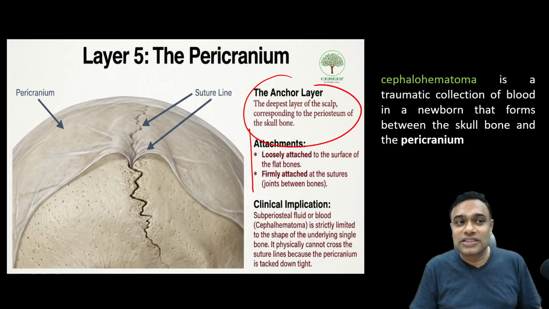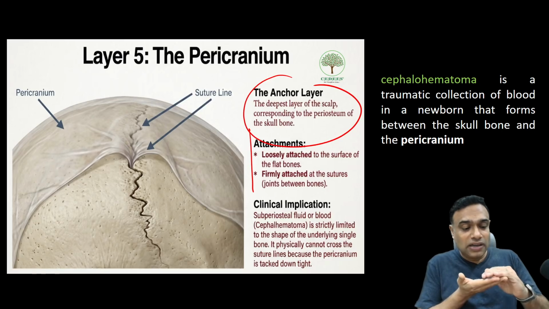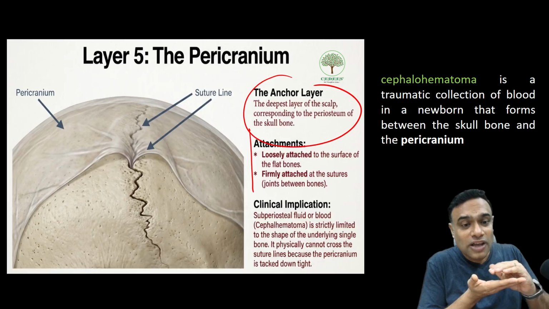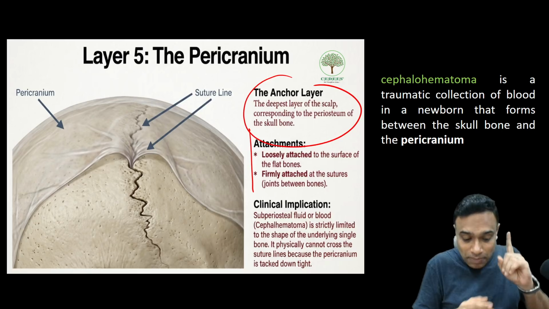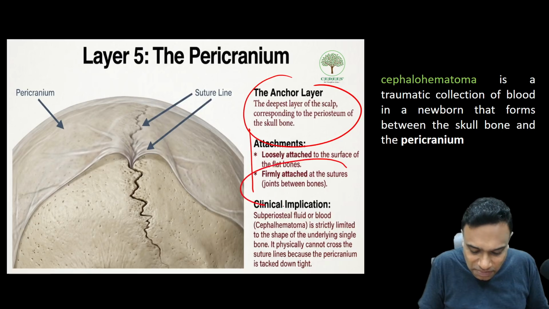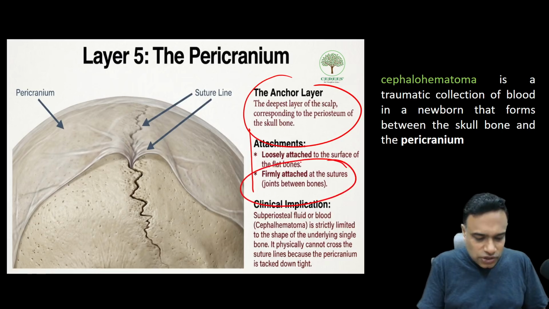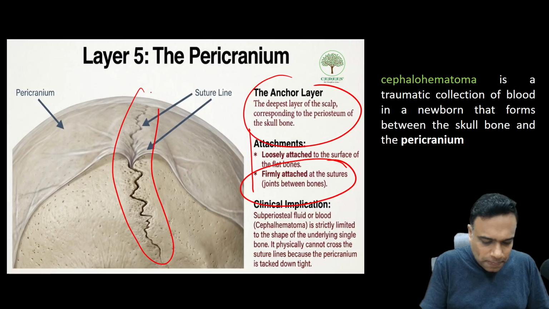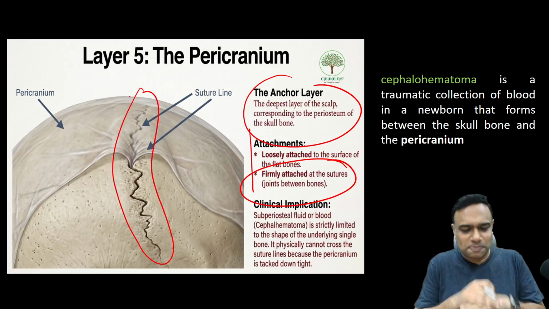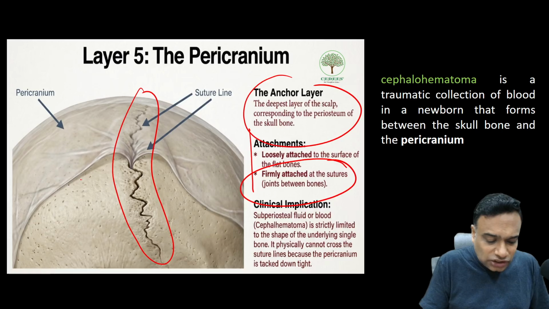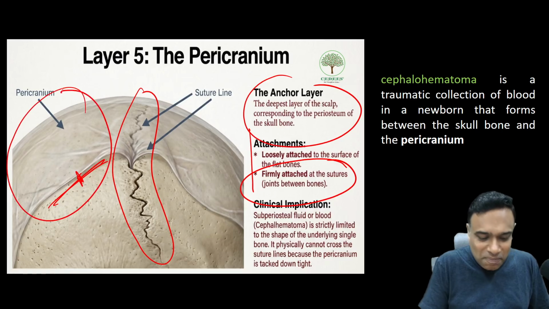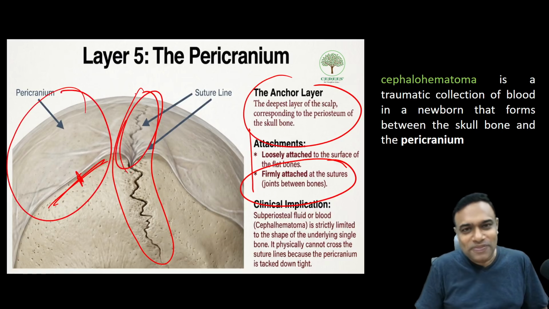Because whenever there is an injury, blood can easily collect between your pericranium and the bone below. But it is very firmly attached at the sutures. So whenever there is a collection of blood between the periosteum and the skull, it will lift up the periosteum, but it will never lift up your sutures.